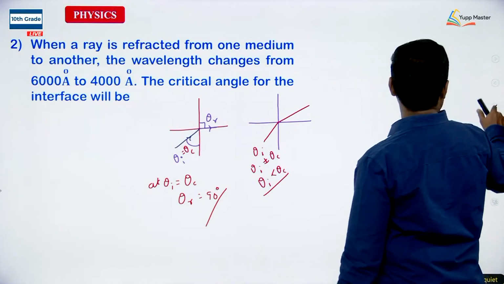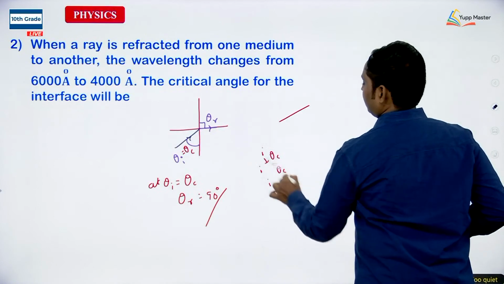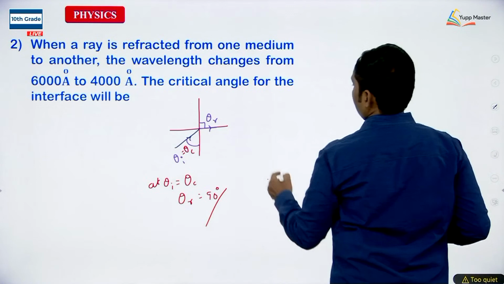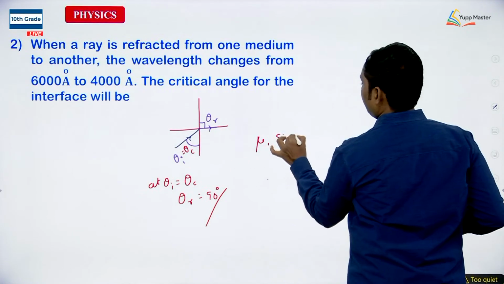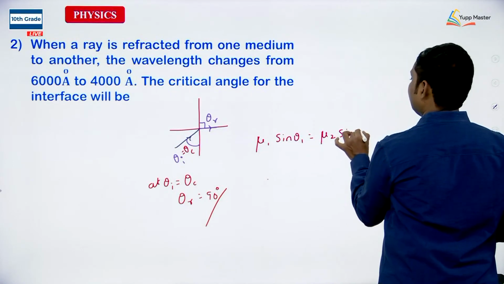Now you apply Snell's law and you can solve the problem. You know very well, mu 1 sin theta 1 is equal to mu 2 sin theta 2.